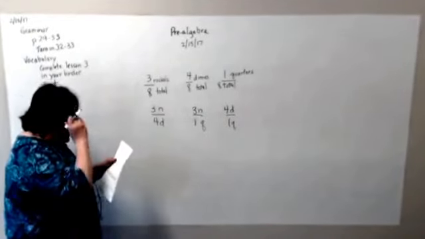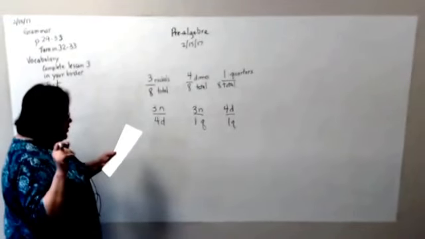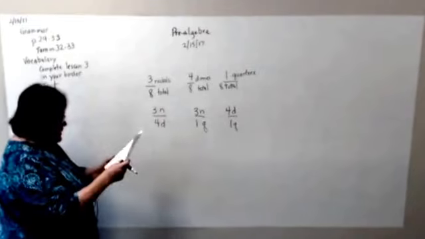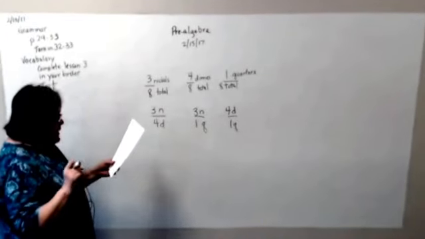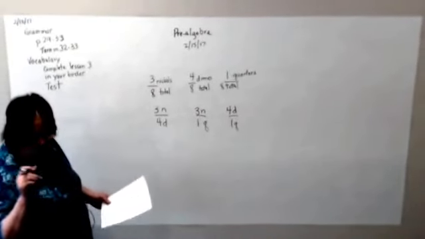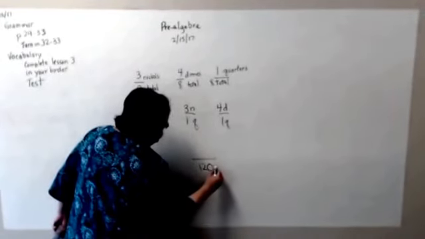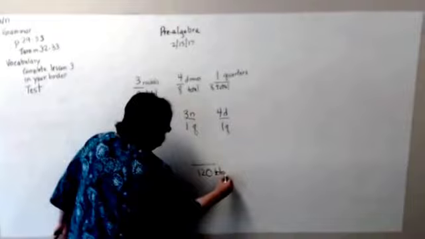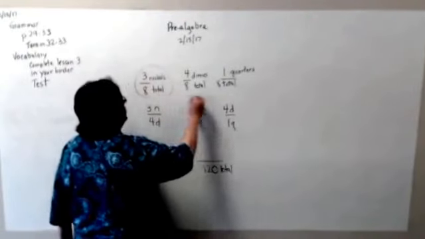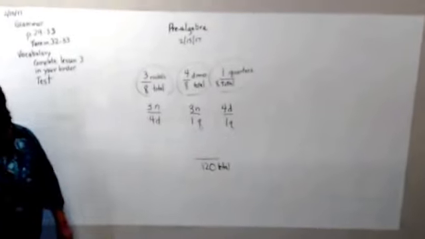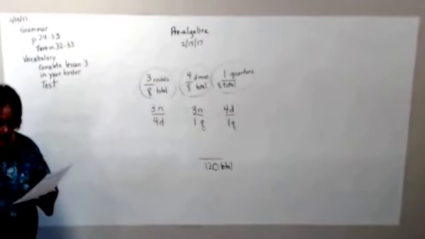So now, let's look at the question. They started out by telling us that Grace has 120 coins total. So we know we're going to use one of these ratios that have total. Well, we think. We're not sure. Let's see.